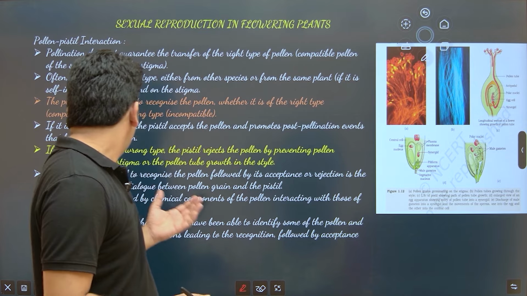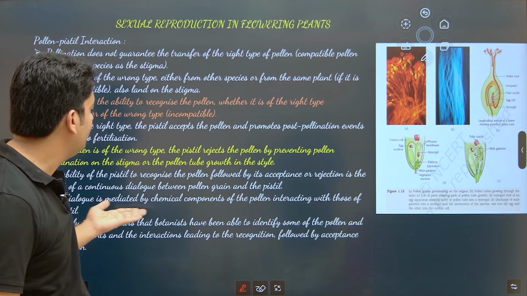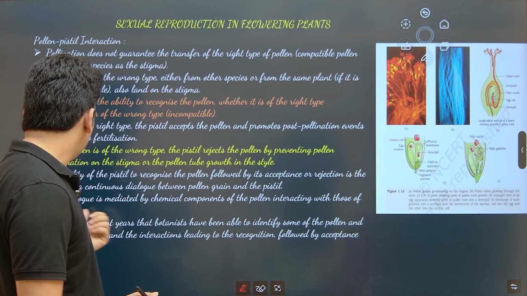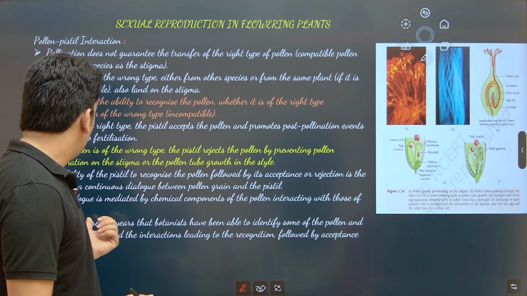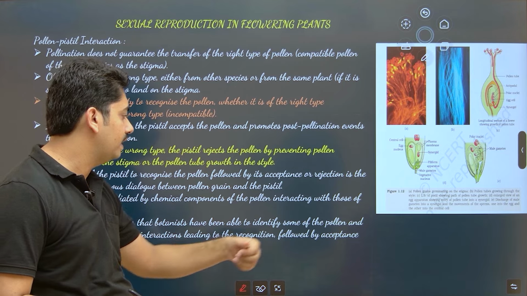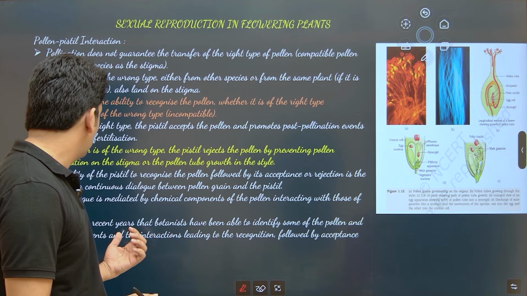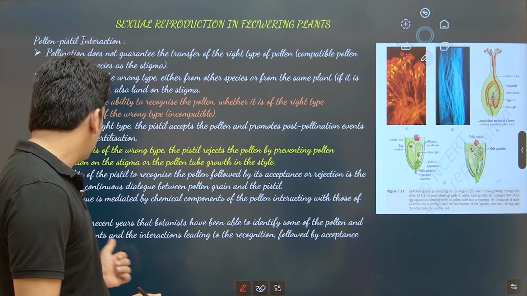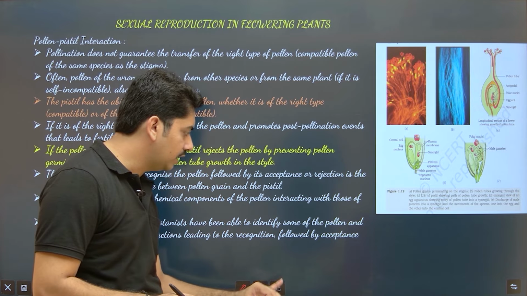Yes. Now the dialogue is mediated by chemical components of the pollen interacting with those of the pistil. It is only in recent years that botanists have been able to identify some of the pollen and pistil components and the interactions leading to the recognition followed by acceptance or rejection.